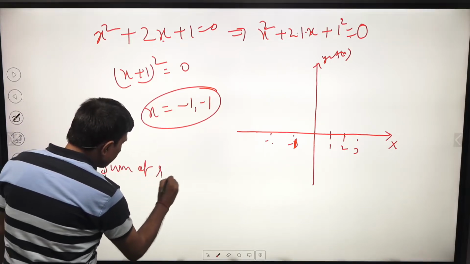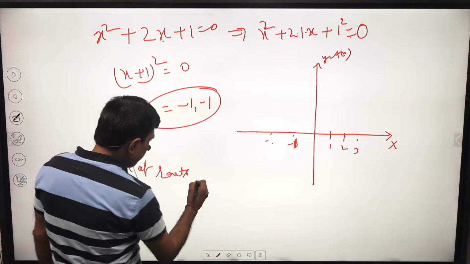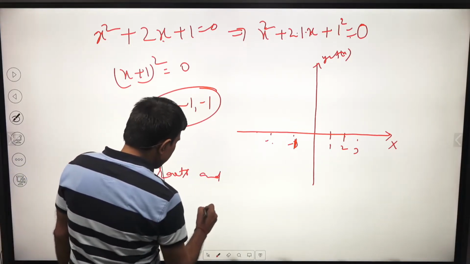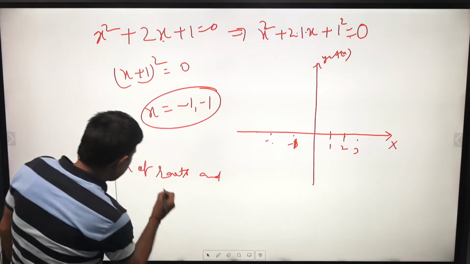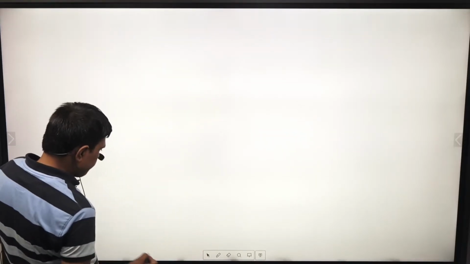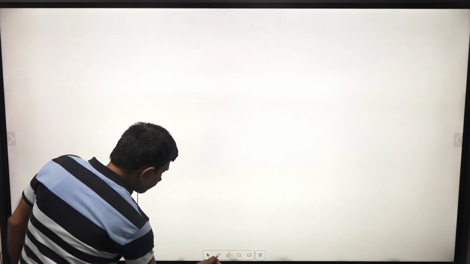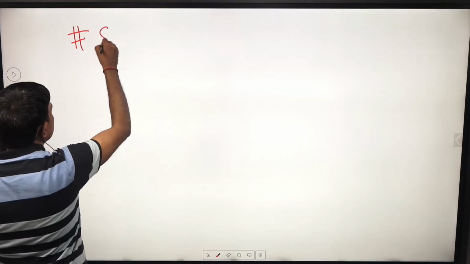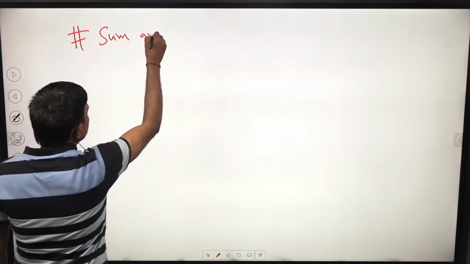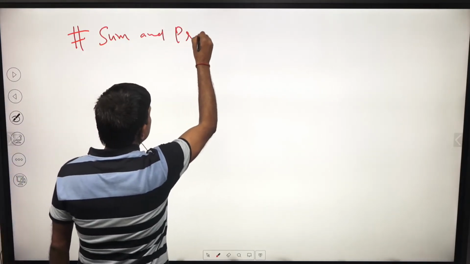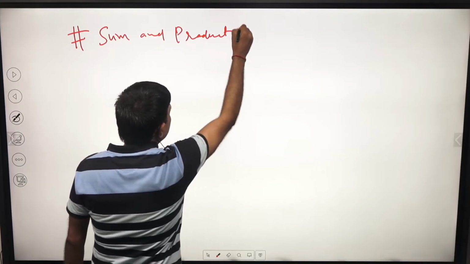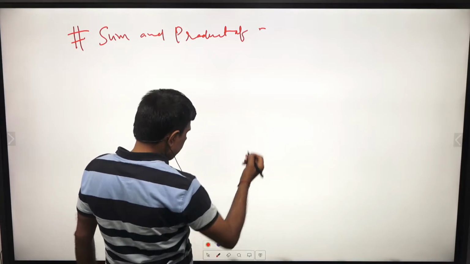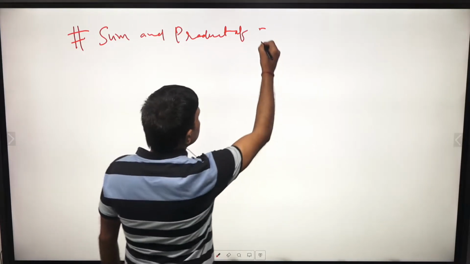Now move to the sum and product of roots.